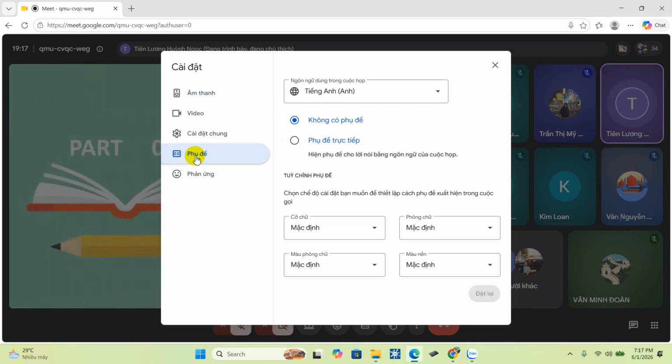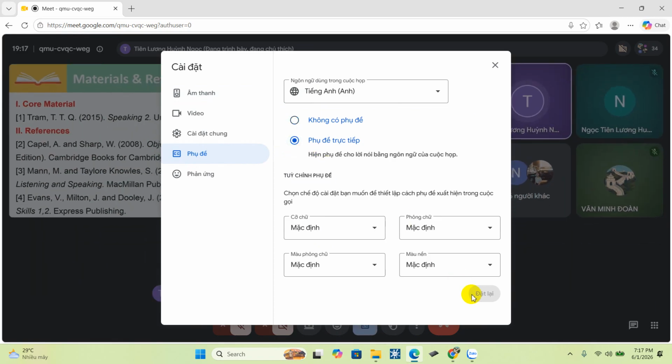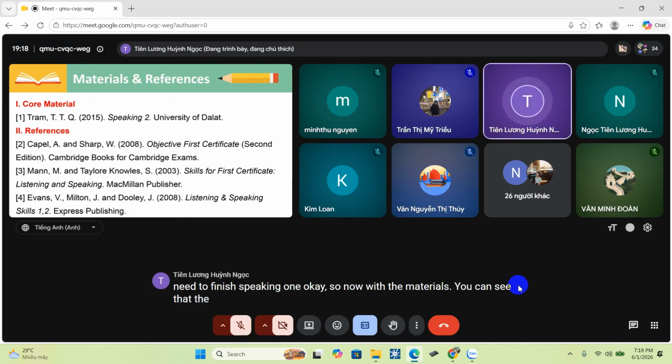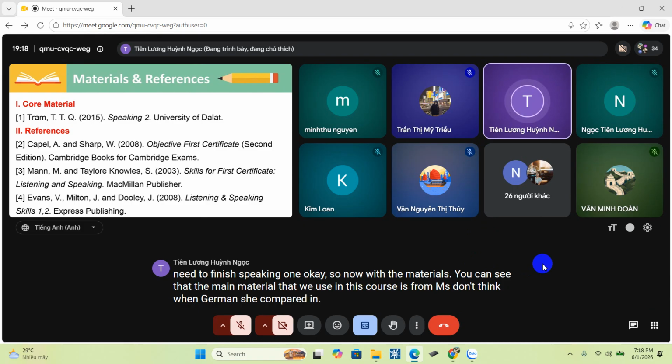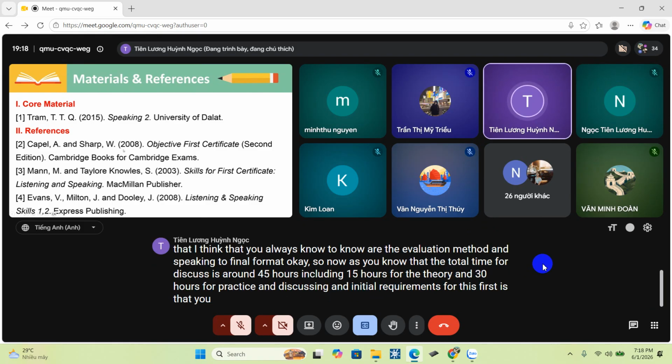Now, with the materials, the main materials that we use in this course are from Miss Tong Thị Quỳnh Trâm. She compiled them in 2015, and this coursework is for internal use only.